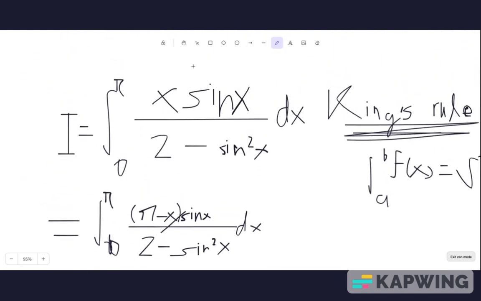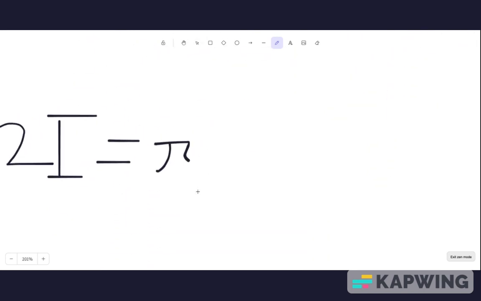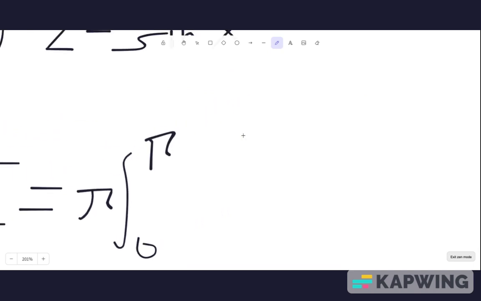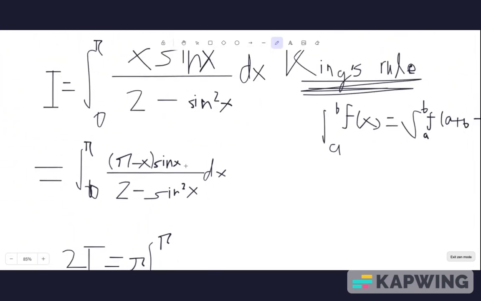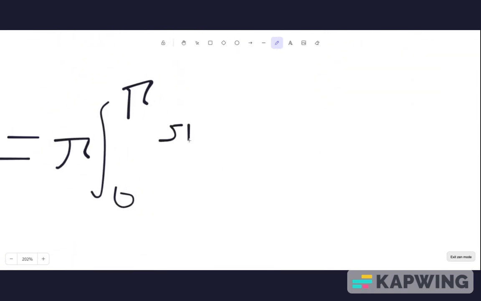So that means if we add the two different forms of this integral, then we can easily cancel out the x's, and taking the pi outside will give the integral from 0 to pi, times pi, of sine x over 2 minus sine squared of x.